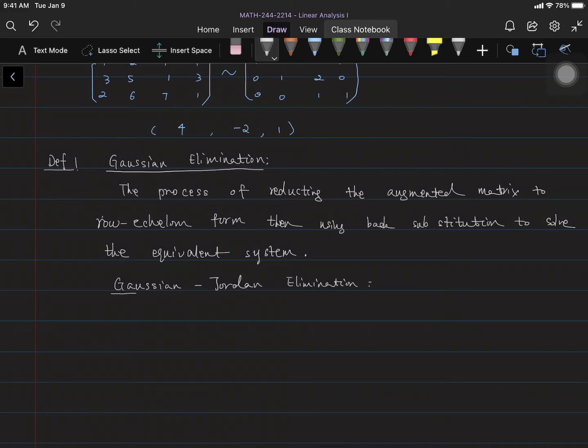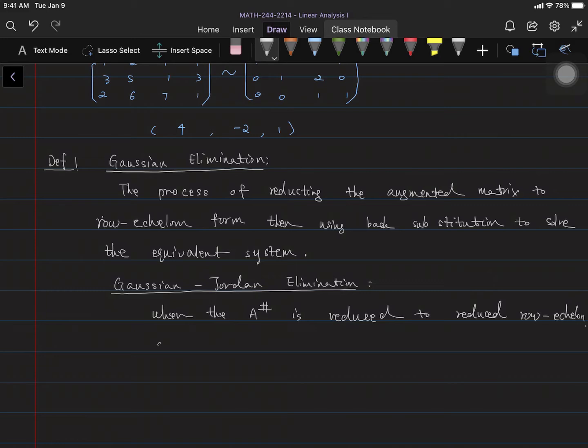That means if the augmented matrix is reduced to reduced row echelon form. Do you still remember what the reduced row echelon form looks like?